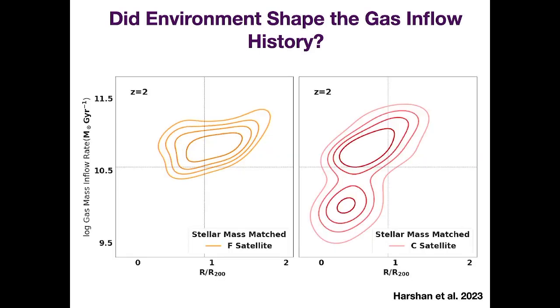And for the satellite sample, most of the correlation is coming from how far along it is in the infall process. As the galaxies are falling into these host halos and get closer to the cluster center, the gas inflow rates for the cluster satellites decrease rapidly, whereas for the satellites in the field, again, there was a slight correlation, but it is not enough.